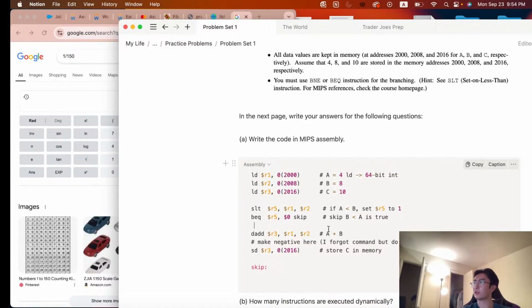I feel like the answer that we got here is wrong. So what does DSUB do? Oh, you could just take 0 minus.